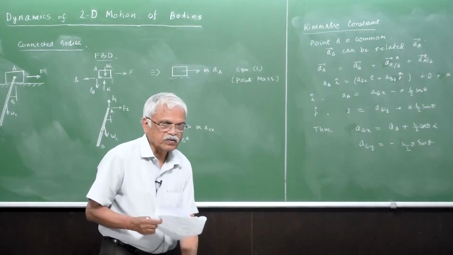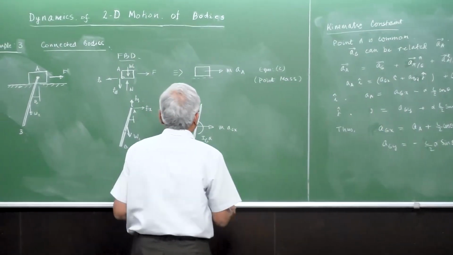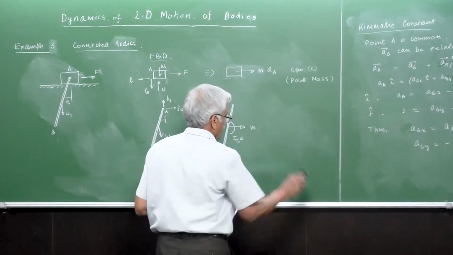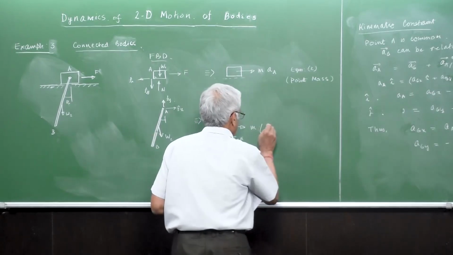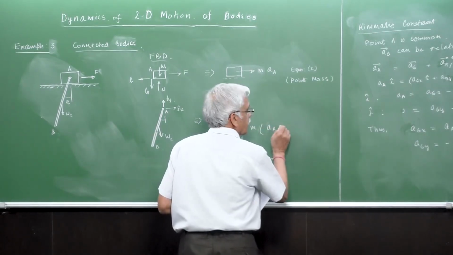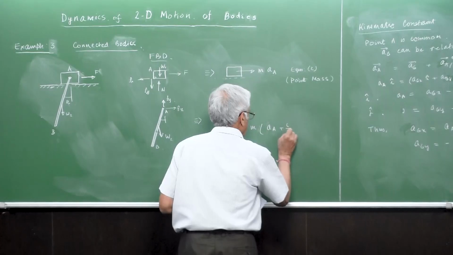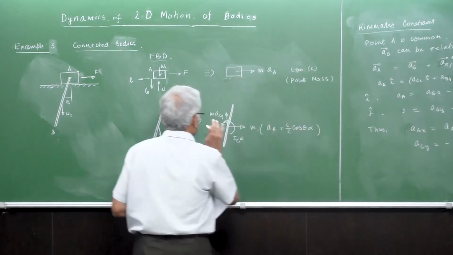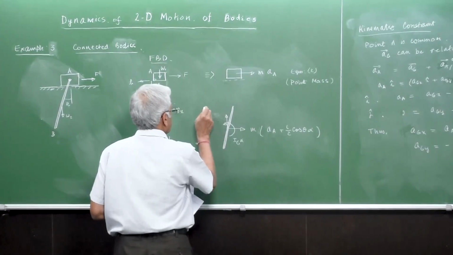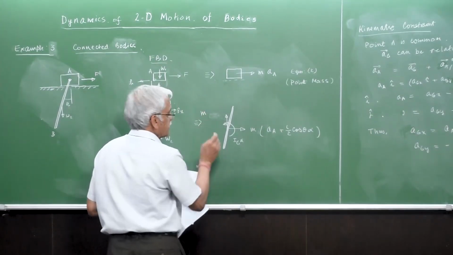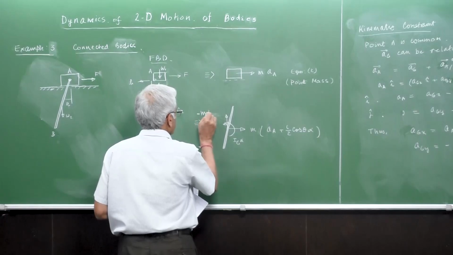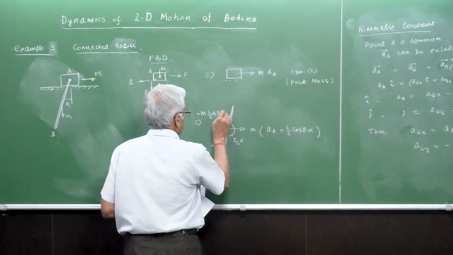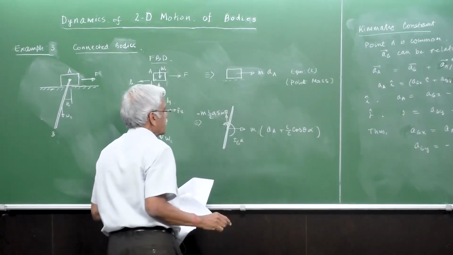Coming back here, instead of a_Gx here, we'll replace it by a_A plus L by 2 cos theta times alpha. Here we replace a_Gy with a minus sign, L by 2 alpha sin theta, and then this is alpha.